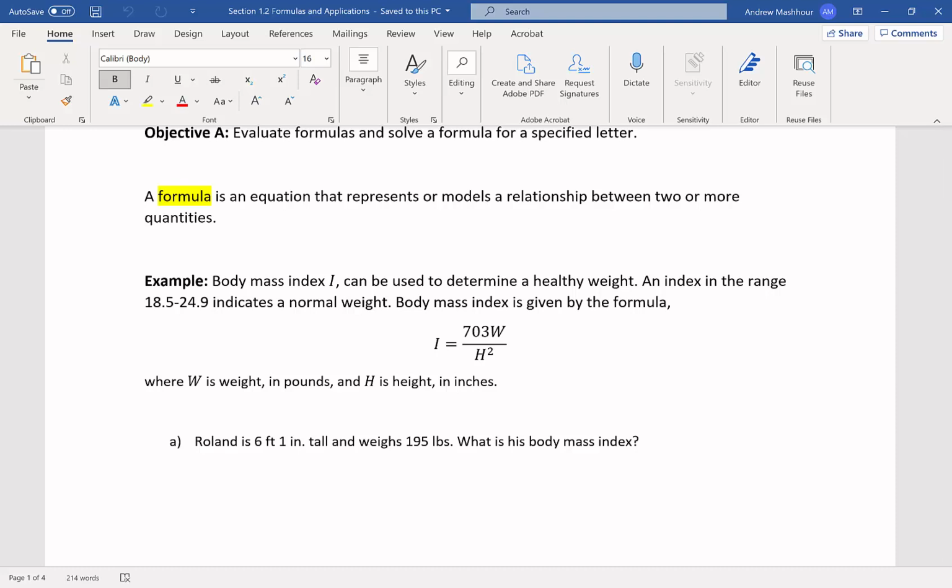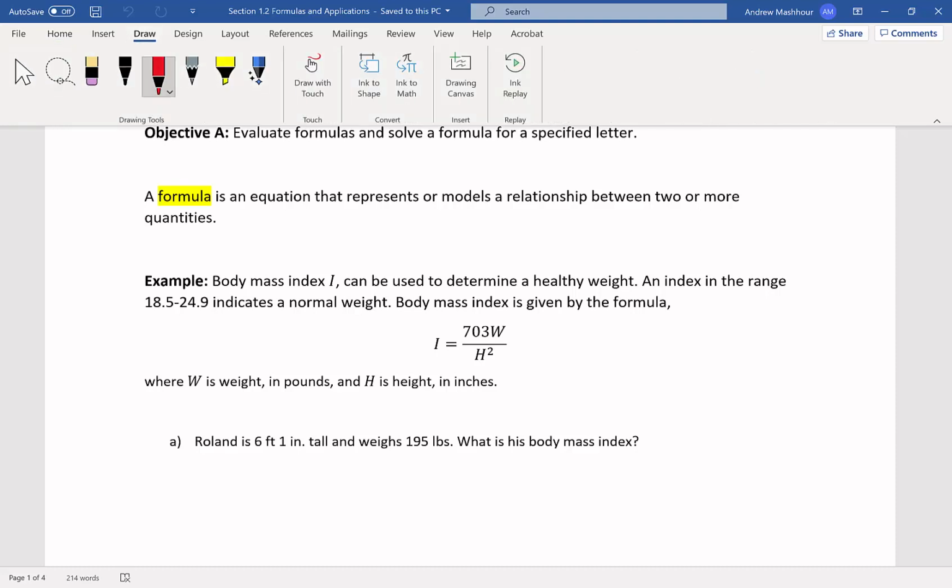Okay. So first, let's take a look at the information that's given to us. We're given how tall Roland is, so we're given the height. And then we're given his weight is 195 pounds. Now, one thing to be careful with is the height has to be in inches. Now, the height that's given to us is in feet and inches.